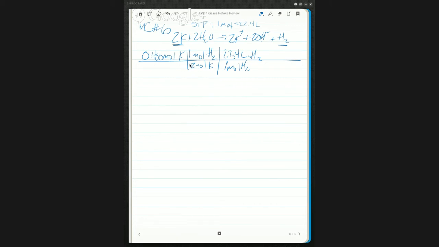This 2 goes away, and this becomes 0.200 moles of K. The moles of K cancel with moles of K. Moles of H2 cancel with moles of H2, leaving you with liters of H2. So 0.200 times 22.4. So 22.4 times 2 equals 44.8.